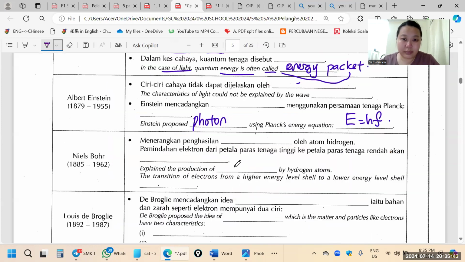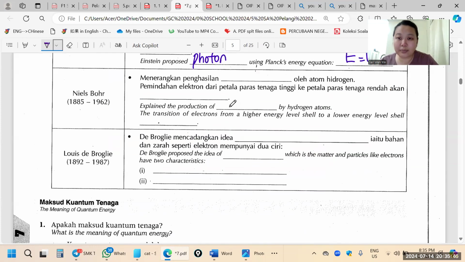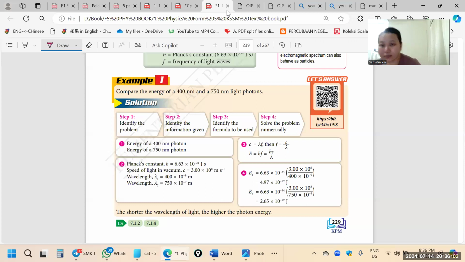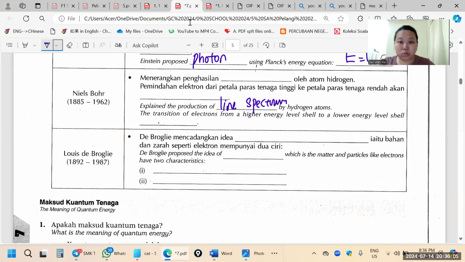Okay, so now come back to here. Niels Bohr explained the production of line spectrum. What is line spectrum? This one. One line. The transition of an electron from a higher energy level to a lower energy shell will emit a photon, light energy.